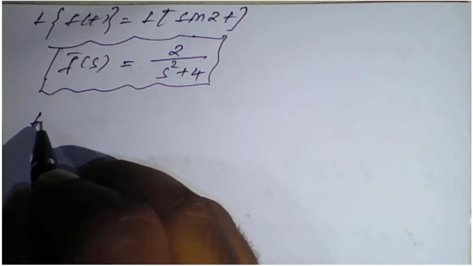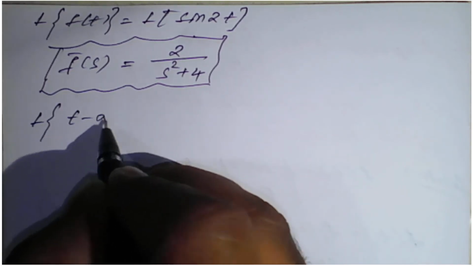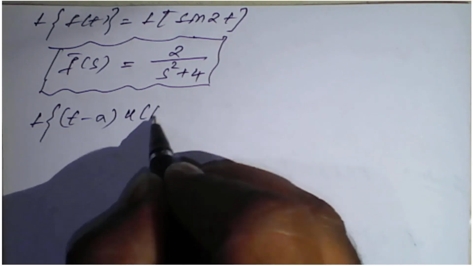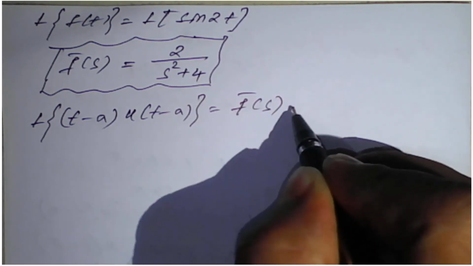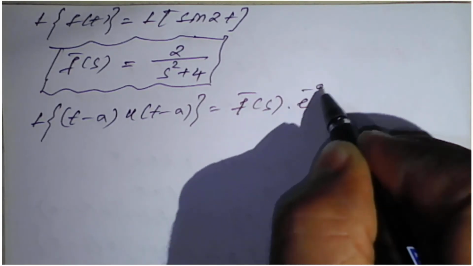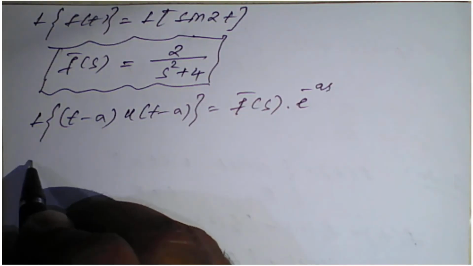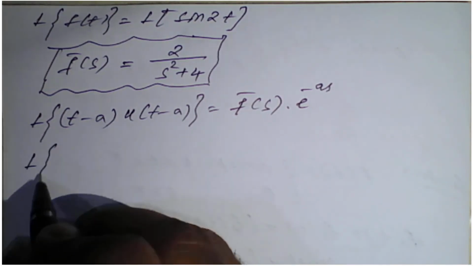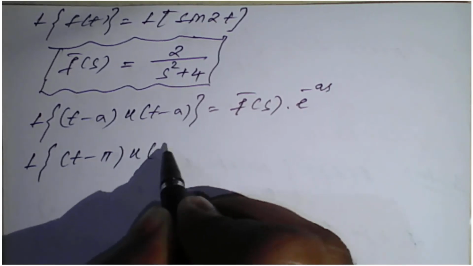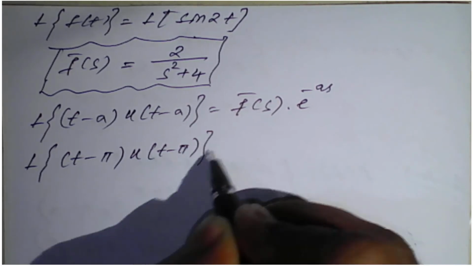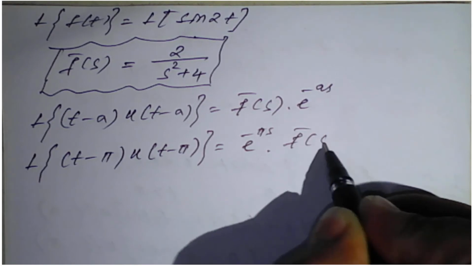We know that Laplace transform of f of t minus a into u of t minus a is e raised to minus as into f dash of s. Here, f of t minus pi into u of t minus pi is equal to e raised to minus pi s into f dash of s.